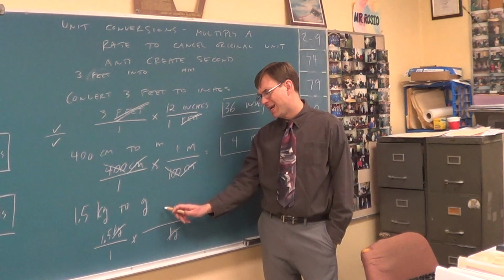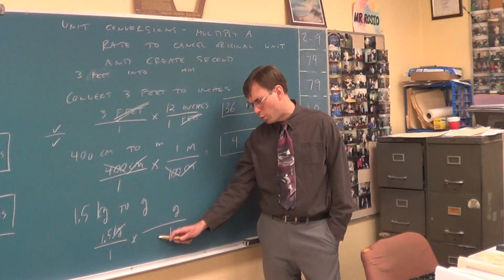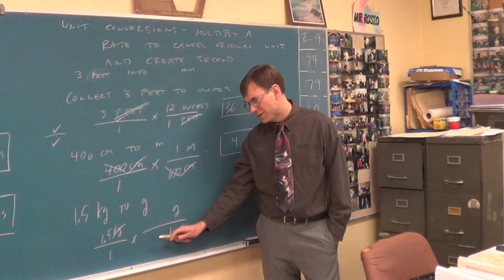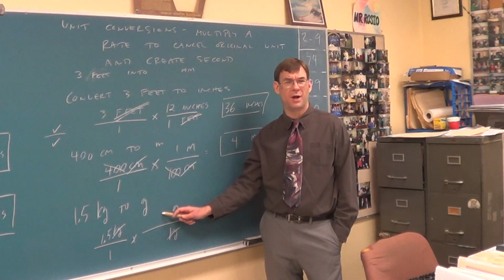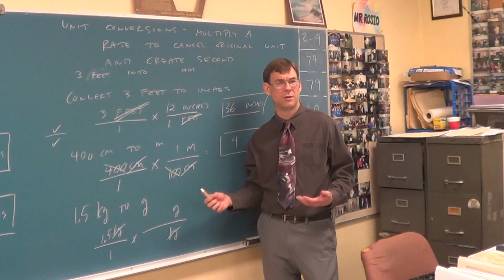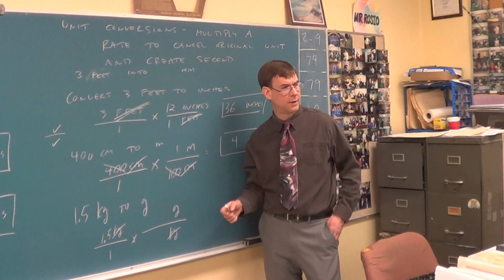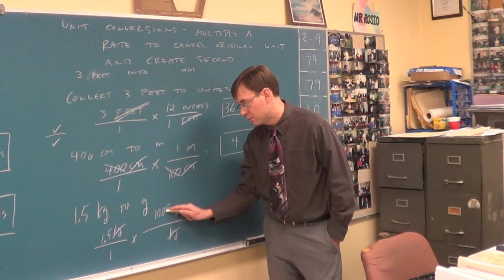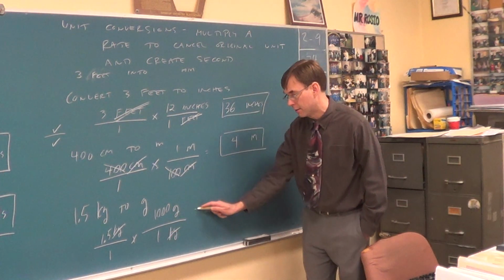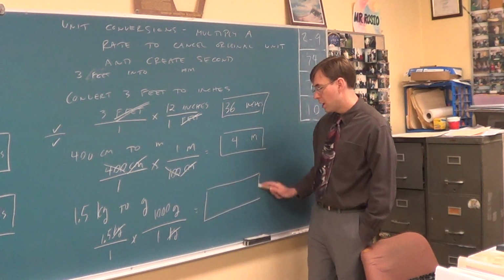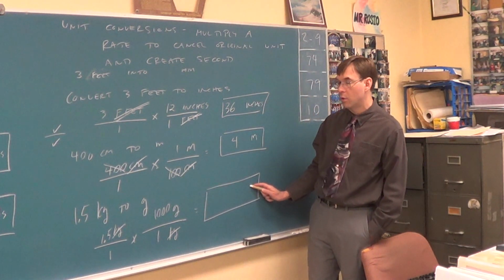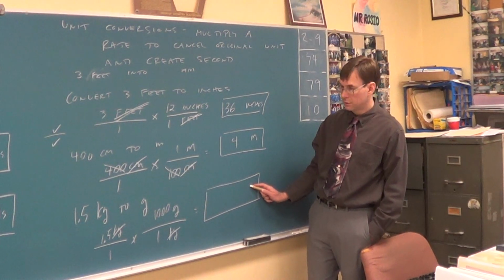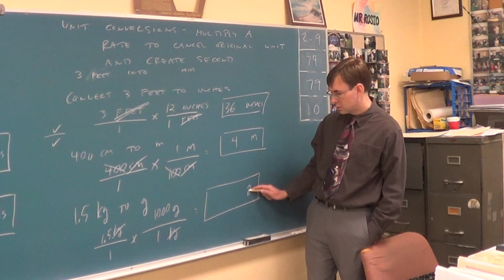Then we need to decide, is it 1,000 grams that makes 1 kilogram, or 1,000 kilograms makes 1 gram? Which way is the truth? It is 1,000 grams makes 1 kilogram. So when we're all done, the unit is grams.